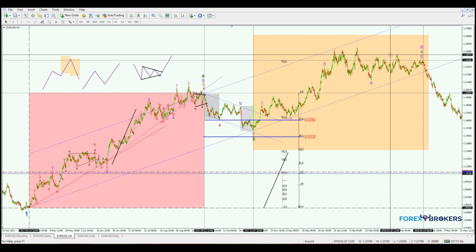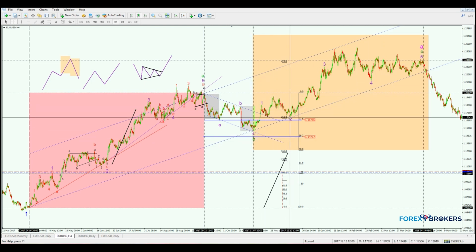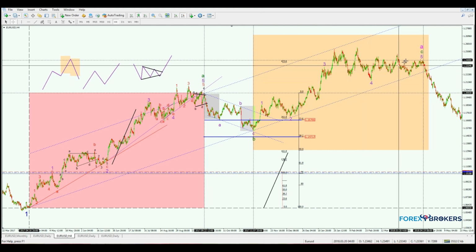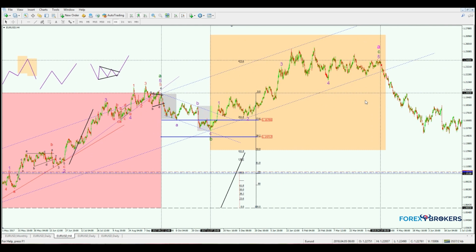It turns out it is a terminal impulsive wave, a pattern that we will study later in this Trading Academy, and goes like this: 1, 2, 3, 4, 5 with a terminal impulsive move here, and then the zigzag is completed here. So we have A, B, C. Remember this situation.